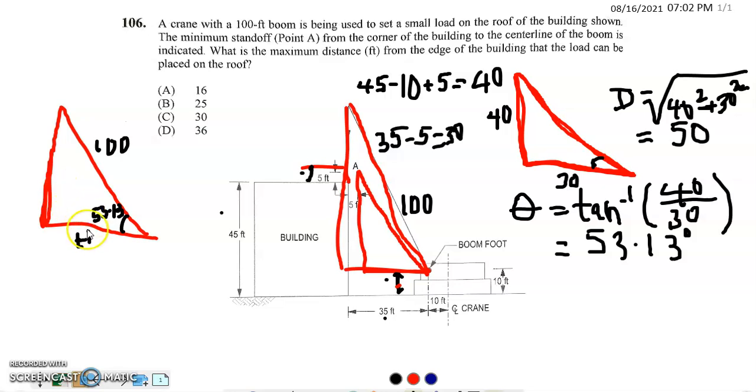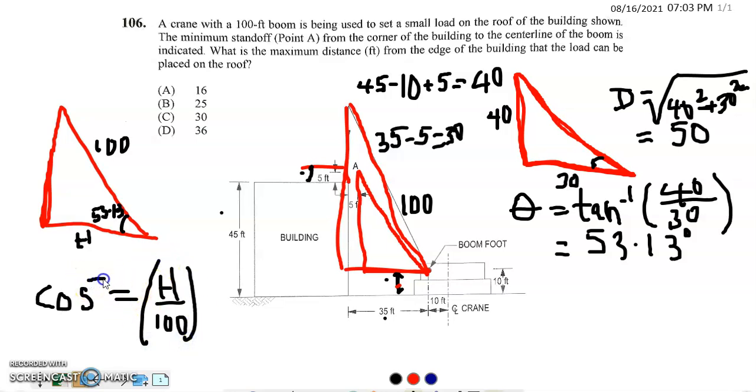Adjacent over hypotenuse, yes, so we can use cosine. Let me make sure I did it right. It's been a while since I did something like this. So that would be cosine of the angle equals adjacent H over hypotenuse 100.